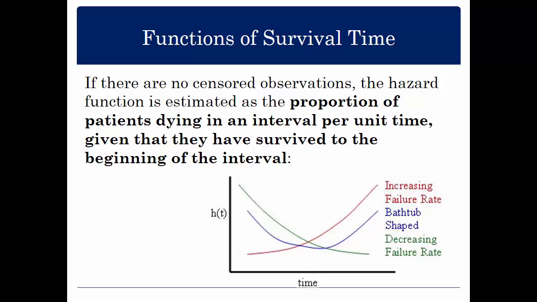And that's what a hazard is doing. So when we compare hazard ratios, we're basically comparing proportions, mortality rates if you will, between groups over a particular period of time, whether it be 1 year of follow-up, 5 years of follow-up, 10 years of follow-up.